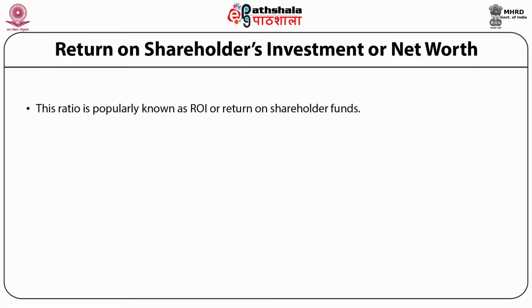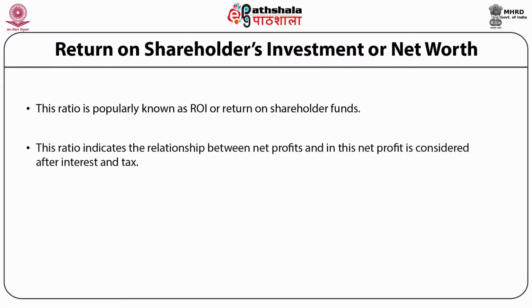This ratio is popularly known as ROI or return on shareholders' fund. This ratio indicates the relationship between net profits, and in this, net profit is considered after interest and tax.